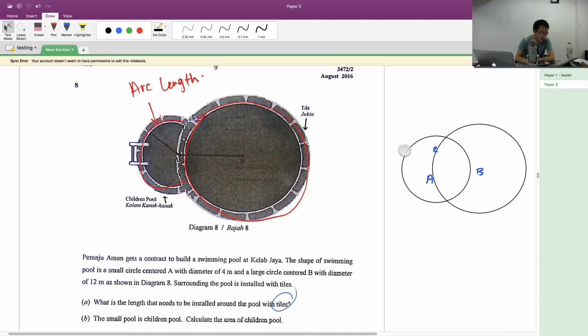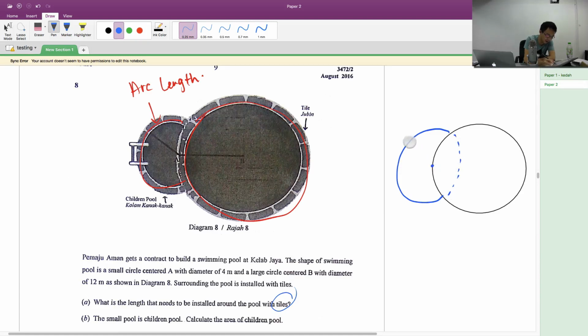Okay, it's fine. Actually I drew something wrongly, so I should erase this. This circle should be like this. Freehand drawing is a bit hard. It should be like this, but B should be a bit longer.